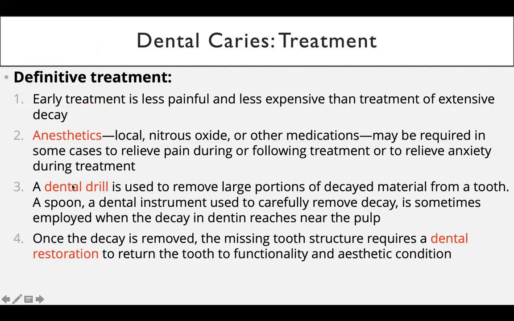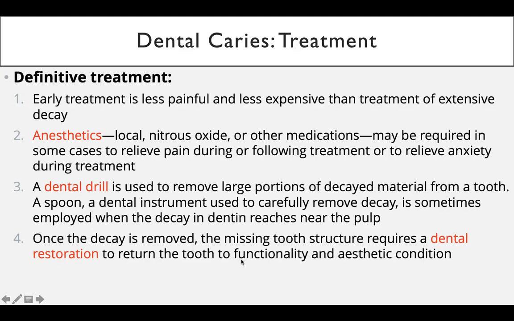So first we use anesthesia to relieve pain or anxiety during treatment of the patient, and then we use the dental drill to remove the large portion of decayed material. And sometimes a spoon is used to remove decay carefully if it has reached near the pulp.